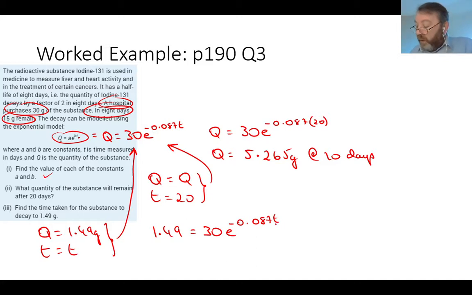So now my job is to work out the value of the variable t. So the first thing I do is I divide both sides by 30. That's 1.49 divided by 30 equals e to the minus 0.087t.